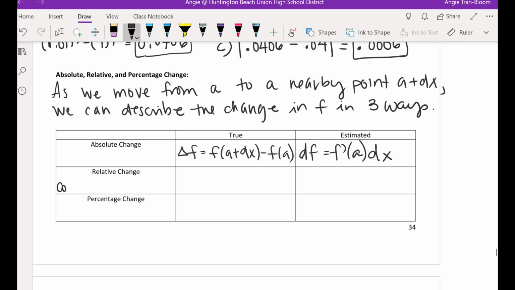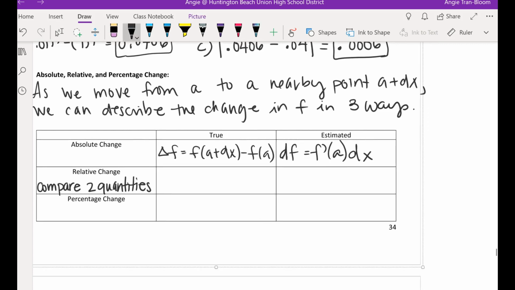Relative change is pretty much talking about comparing two quantities, okay? So for the true, we have the change in f divided by f of a. Over here, we have df divided by f of a.